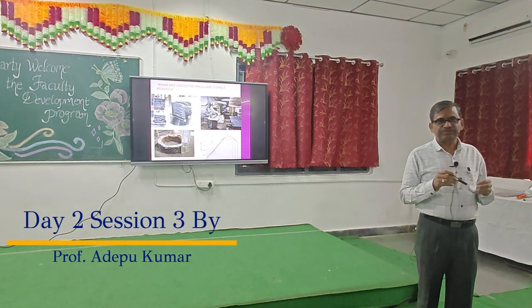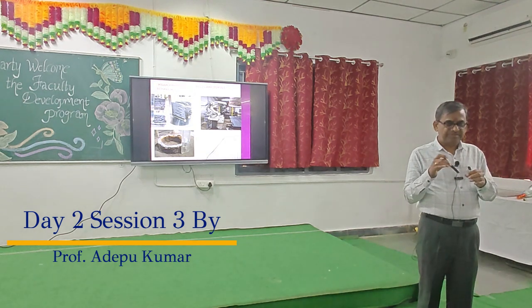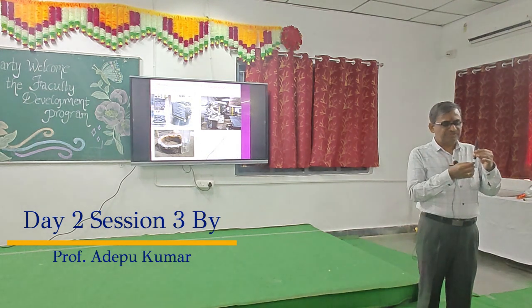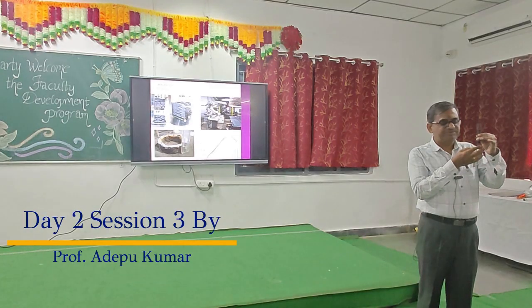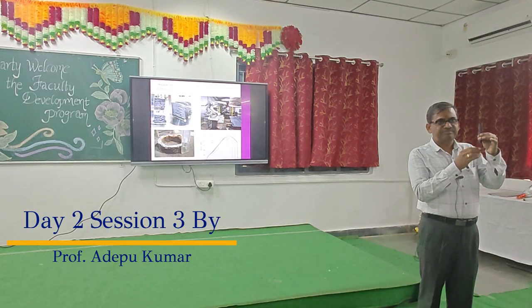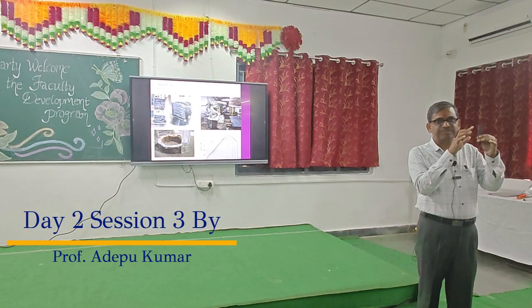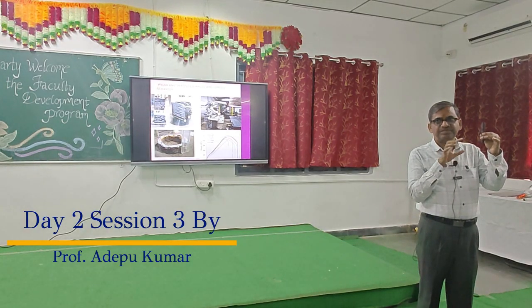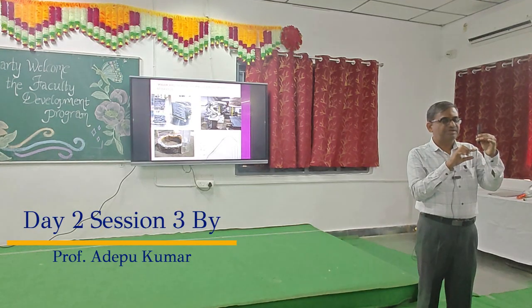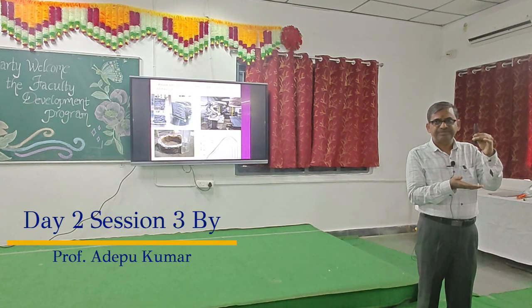So what they do is, once the electrode protrudes from the bottom of the gun and you have a sufficient gap, the arc is initiated because of the applied voltage and current. Due to the arc, the wire is melted, and due to gravity, that melted metal is deposited on the substrate.